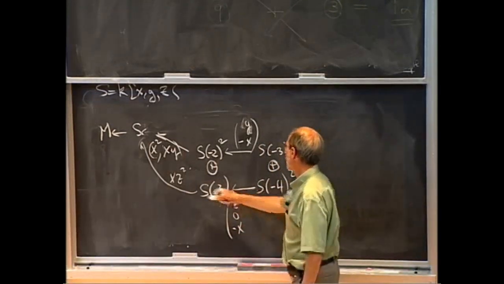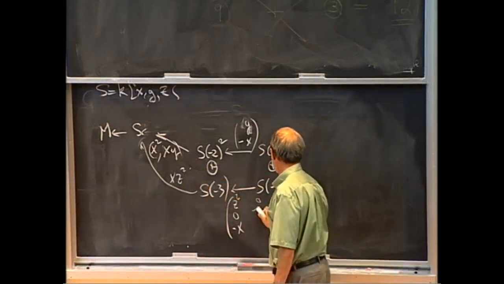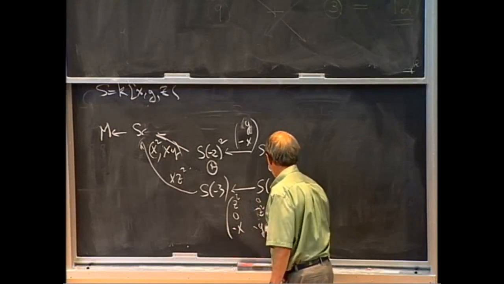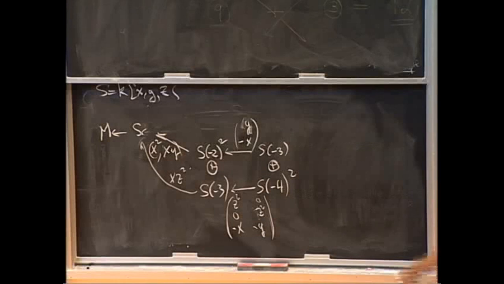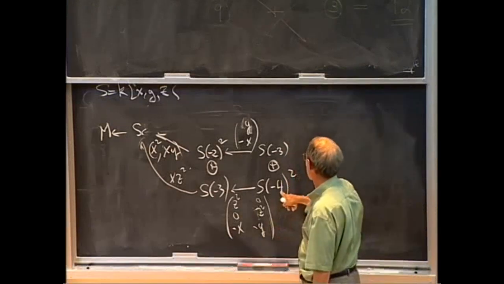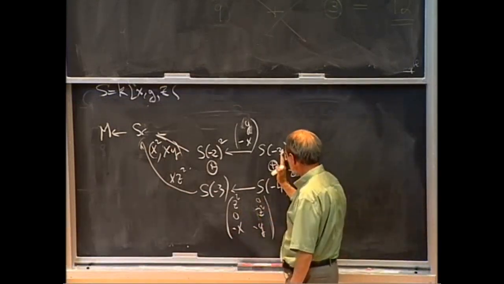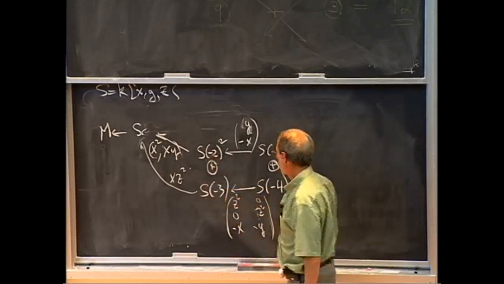And to get this one, I have to take z squared and y, so 0, z squared, and minus y. Okay? Very clear? Sure, this map really goes from this free module to this free module. That's why I'm thinking of the sum of those two.